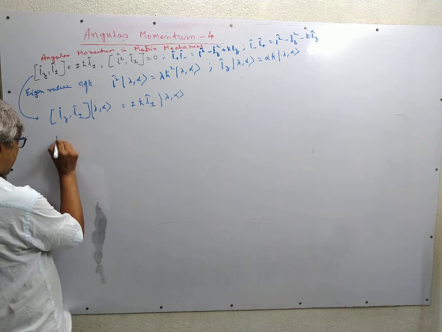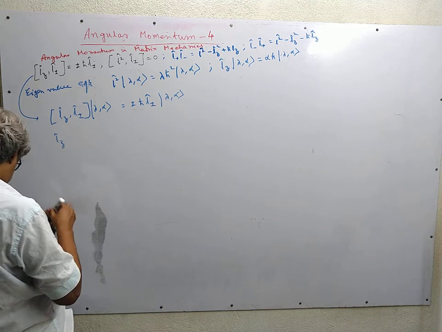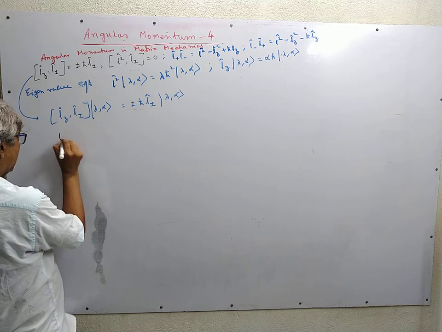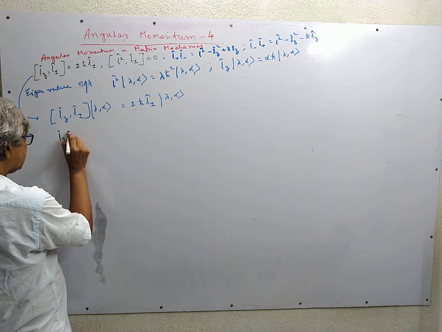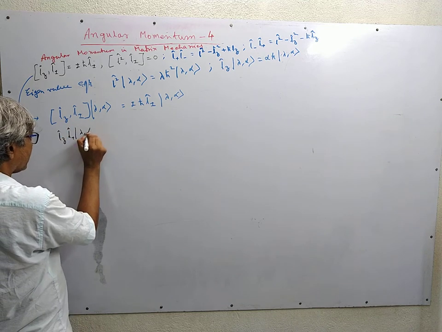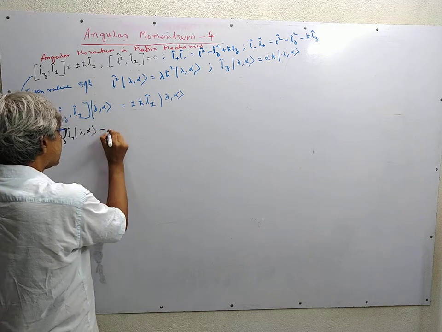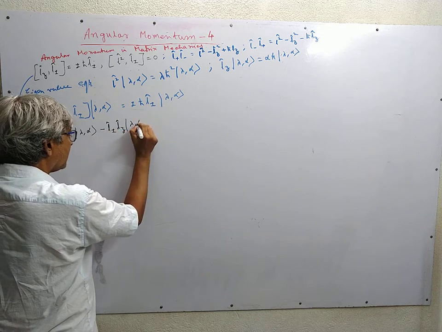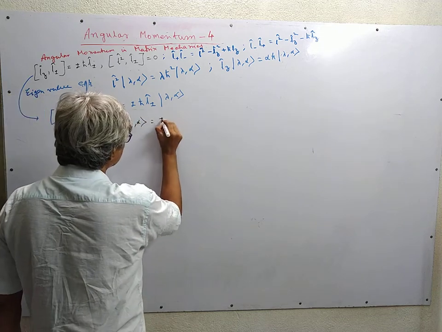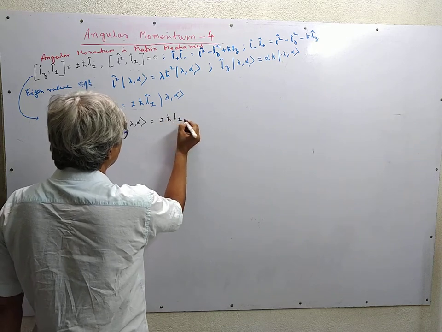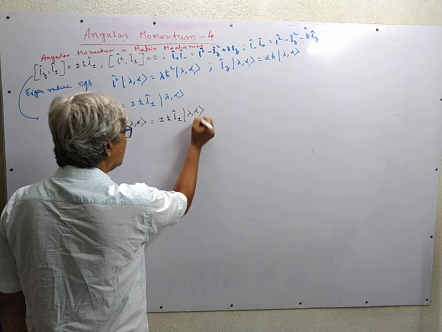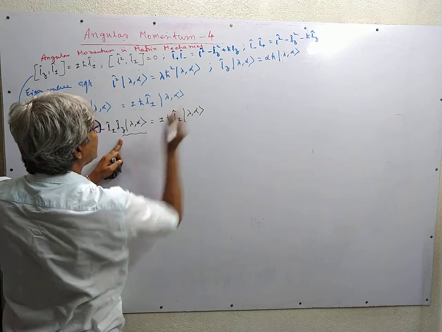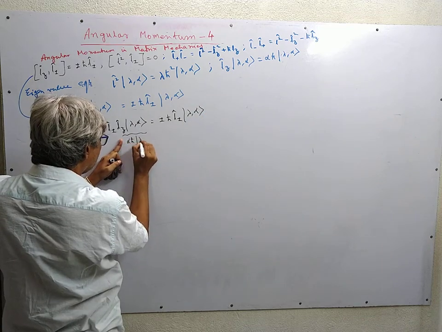The first term is Lz over L plus operating on lambda alpha. Second thing is L plus minus Lz operating on it, and on the right hand side it is plus minus H cross Lz operating on lambda alpha. You see that this part, as per this eigenvalue equation, is alpha H cross lambda alpha.